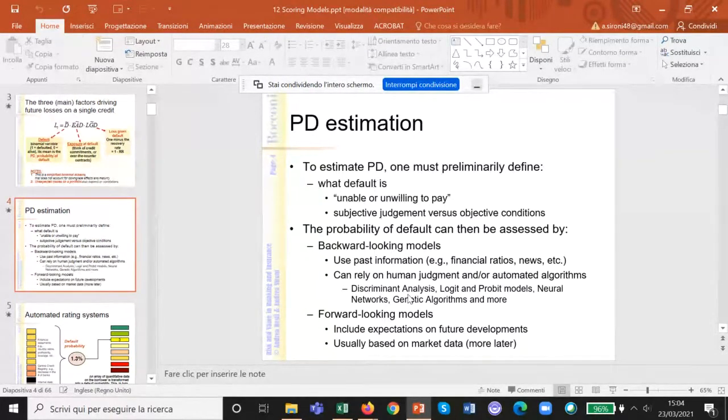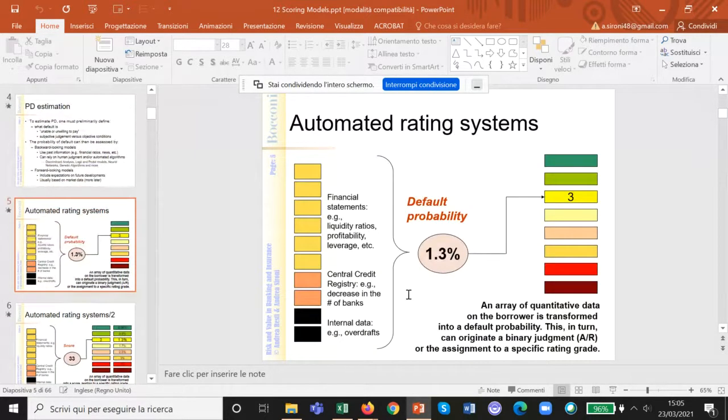And the probability of default can be estimated either using backward-looking models, like scoring models, that mostly look at past information, like financial ratios, news, and so on, or forward-looking models that mostly rely on market data. For example, they rely on bond spreads or on equity market data, which could be prices or volatility, okay?